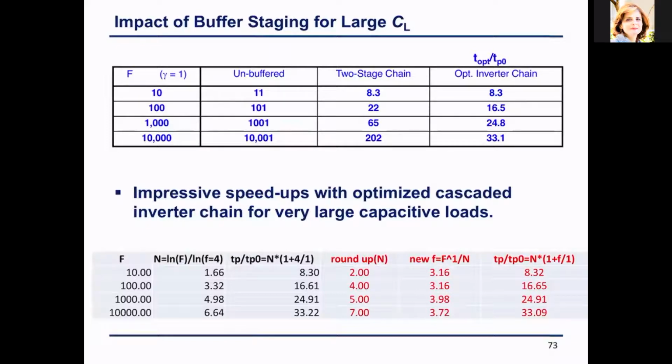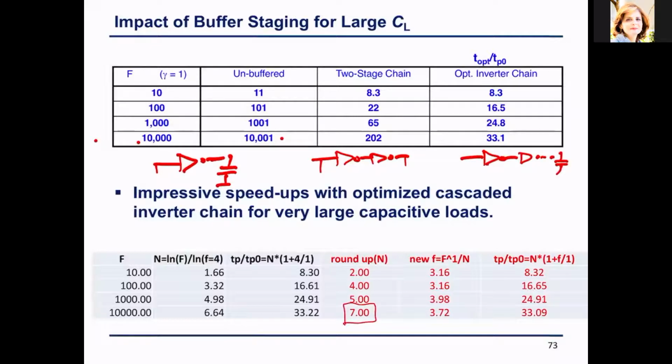Let's look here. Here, big F is a very large load compared to the input capacitance. Look at the unbuffered case: if I just put one inverter driving this capacitor, what would the delay be? If I put two inverters driving this capacitor, what would the delay be? If I put n inverters driving this capacitor, what would the optimal delay be? As you notice here, and we'll talk about how we derived these, the optimal n was 7.